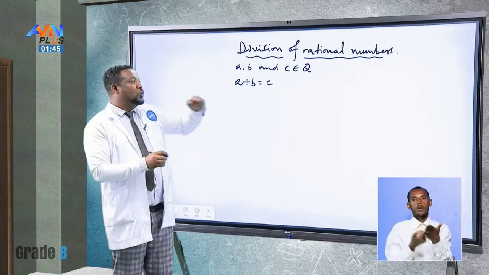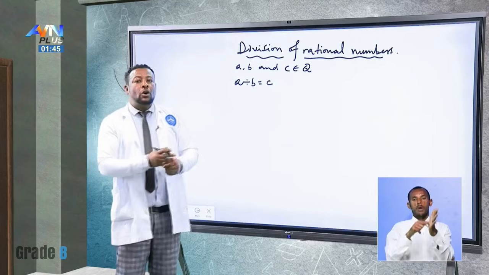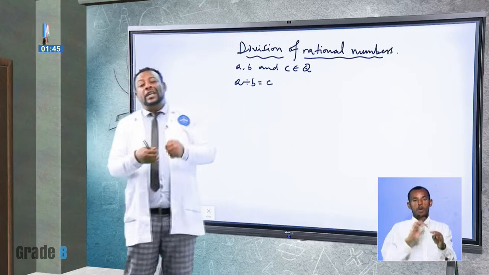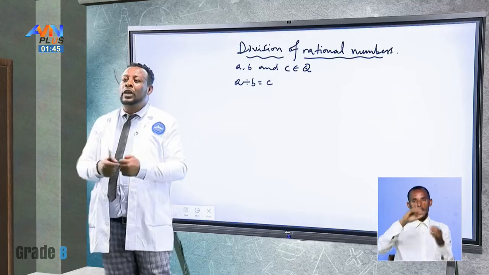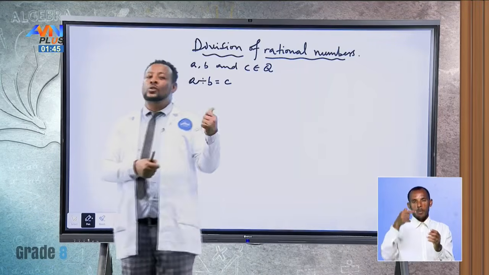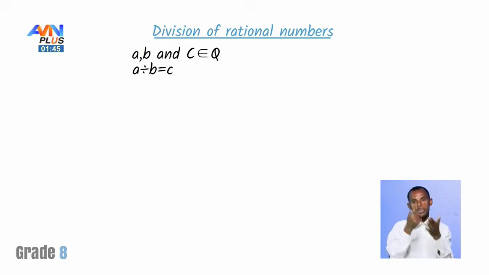Sometimes we use slash to show division. Okay, so before we go to the discussion on division of rational numbers, I want to tell you some terminologies associated with division. Okay, in this division, A is called dividend.